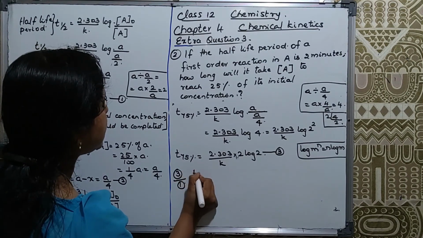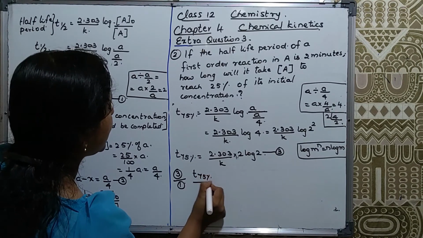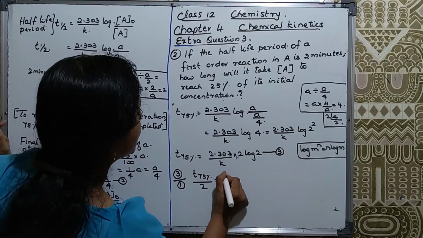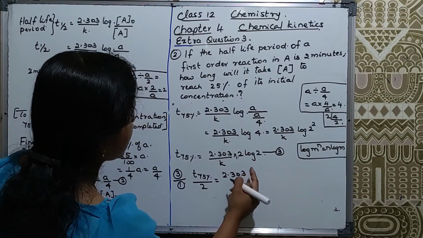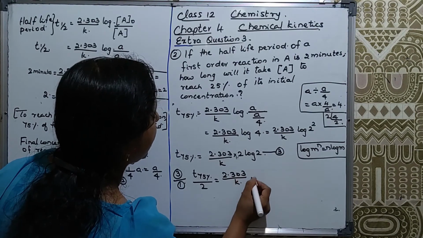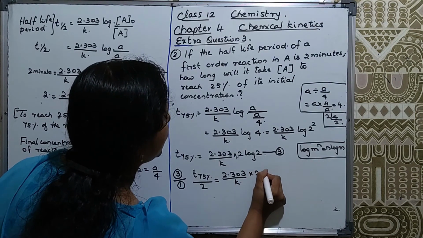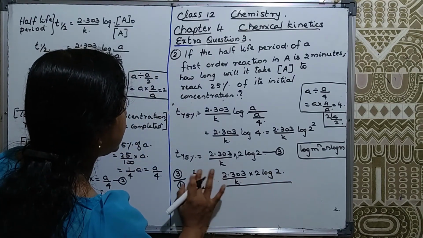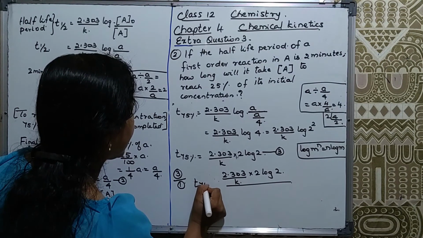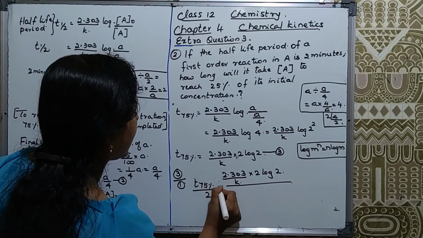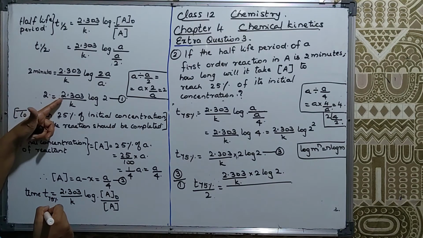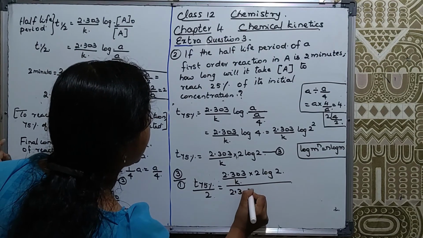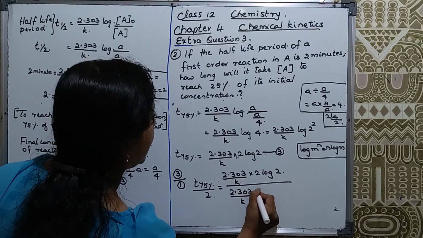So when you divide, on the left-hand side we have T 75% divided by 2, equal to 2.303 by K into 2 log 2, whole divided by the right-hand side of equation number 1, which is 2.303 divided by K log 2.